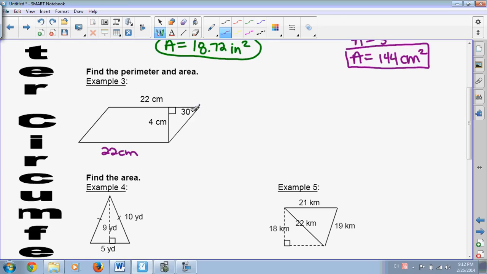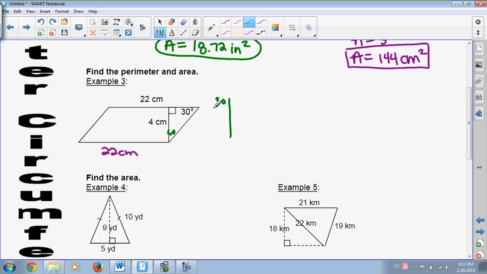In order to find that, we're going to have to use this triangle. We are given the height is 4. We have a 90-degree angle, a 30-degree angle, which means that this last angle right here would be 60. So we have a 30, 60, 90 triangle here.